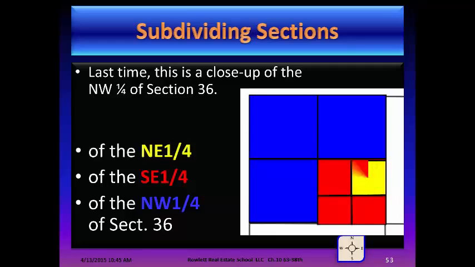And then of that southeast quarter, we're looking for the northeast quarter, which north means the top two, east means the right side. And then the southwest quarter of the northeast quarter. So then we'll go south for the bottom and west for the left and get the green quarter.